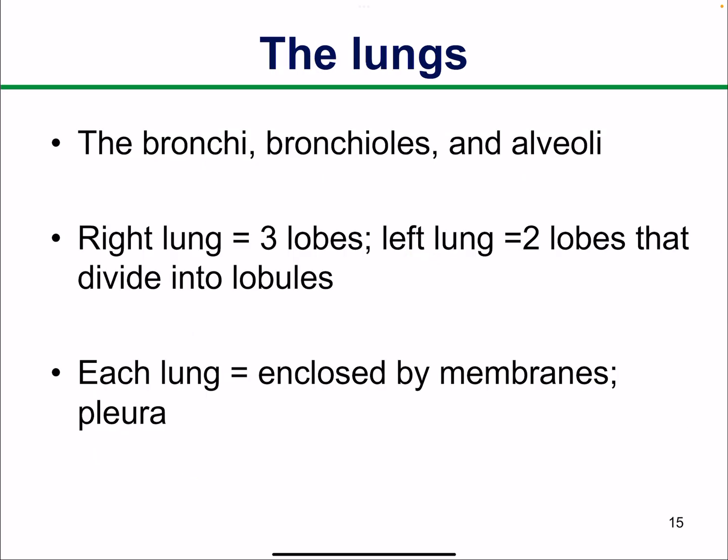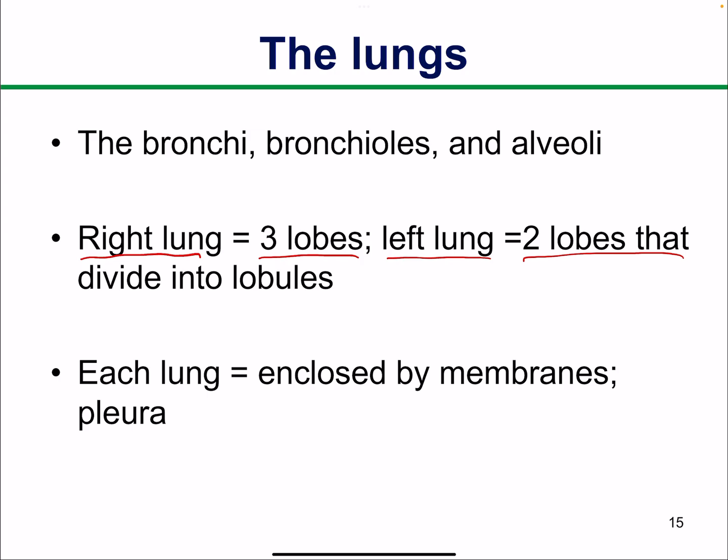Now, the lungs are going to be organized into right and left lung. The right lung is going to have 3 lobes, while the left lung is going to be made up of 2 lobes. Now, remember that the heart is positioned in such a way that it tilts toward the left side, right?